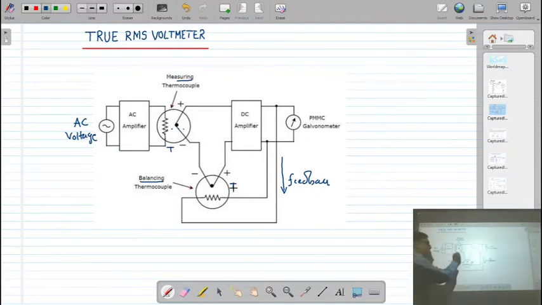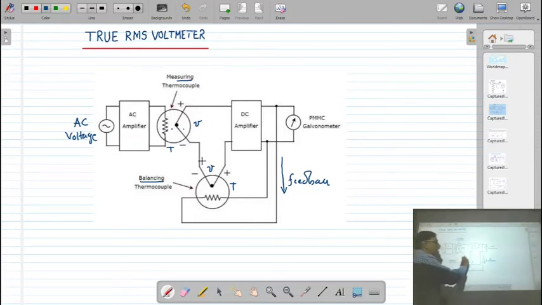So whatever EMF is produced by this thermocouple, which is called the measuring thermocouple, the same voltage will also be produced by this thermocouple. Suppose the initial voltage here is V, and here also the initial voltage is V, because both are at the same temperature.